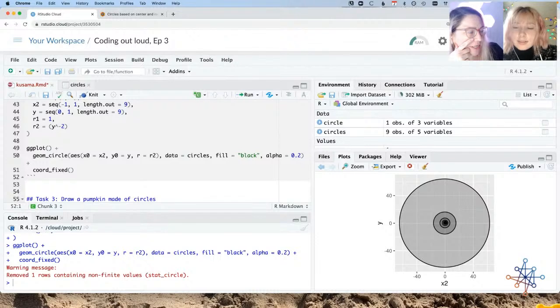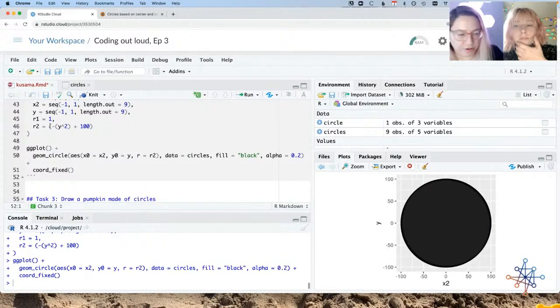I think we want some of them to be negative and some of them to be positive. But what if, instead of putting a negative here, which is not going to work because you can't have a negative radius, we add a constant to it to make it bigger ultimately? Something like this. I don't know, 100 might be too much.